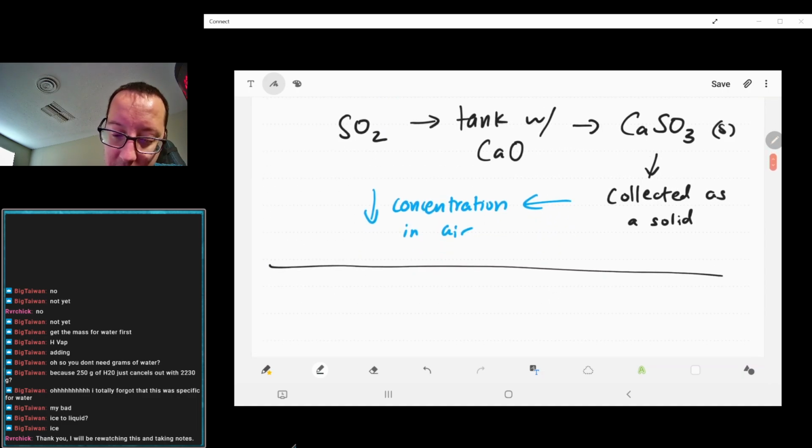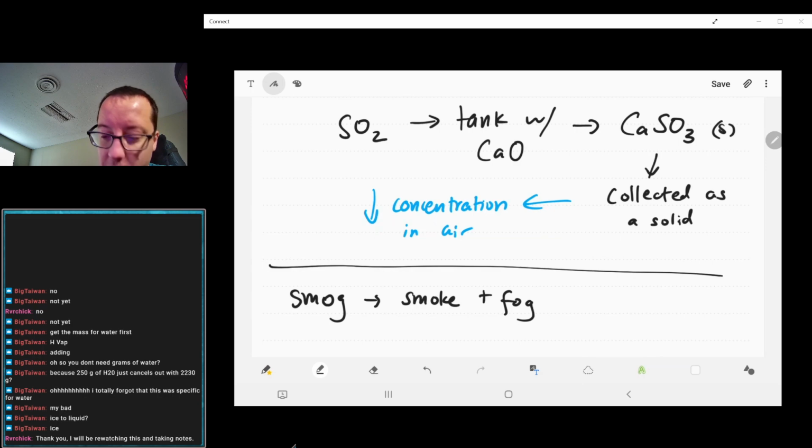Let's talk about smog. Smog, as we may know, is a word that comes from the combination of smoke and fog. It is a portmanteau. That's our fancy vocab word for the day.